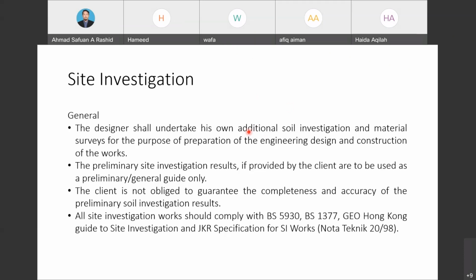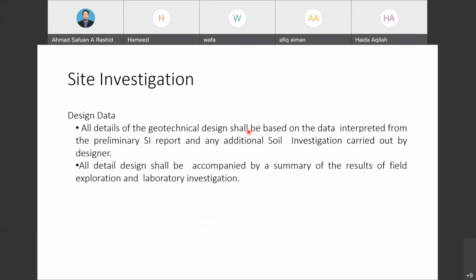All site investigation work should comply with BS9, BS5930, BS1377, Geo Hong Kong Guide to Site Investigation and JKR specification for SI work. Design data. All detail of the geological design should be based on the data interpreted from the preliminary SI report and other additional site investigation report carried out by designer.